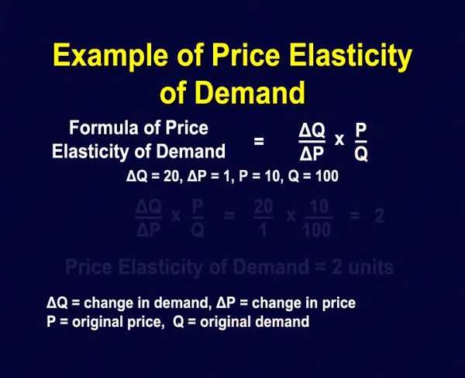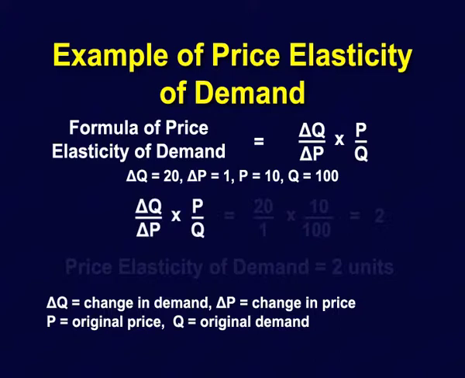When we substitute the values here, we find that delta Q is equal to 20, delta P is equal to 1, P is 10 rupees, the original price, and the original quantity Q demanded is 100 units.